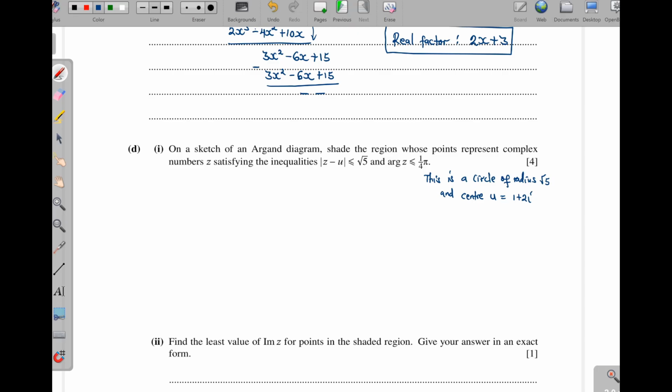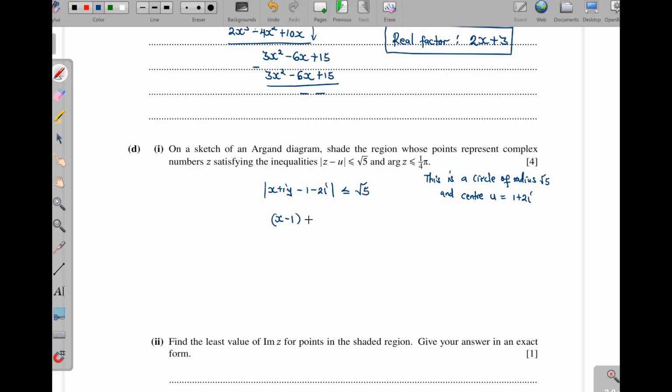Okay, and I've always proved this one. If z is x plus iy, then our u is 1 plus 2i. So when I try to substitute in here, that negative is going to cancel. It's going to affect everything here like that, less than or equal to the root of 5. Now from here I can separate the real from the imaginary.